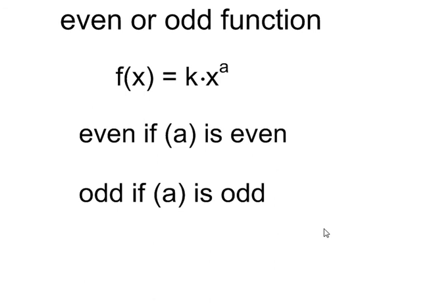Again, this works only with power functions because we have no shifting left or right or up or down. We just have a constant in front, which all it does is change your vertical stretch or horizontal shrink, which doesn't shift the function left, right, or up or down. So again, if the power is even, the function is even. If a is odd, the function is odd.